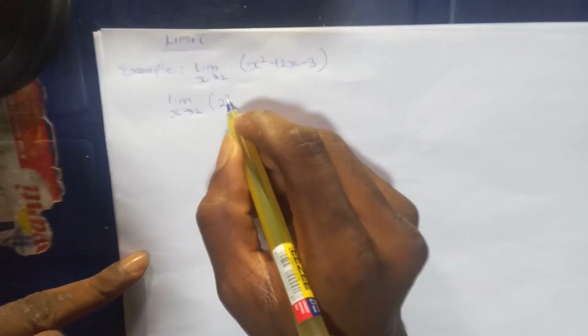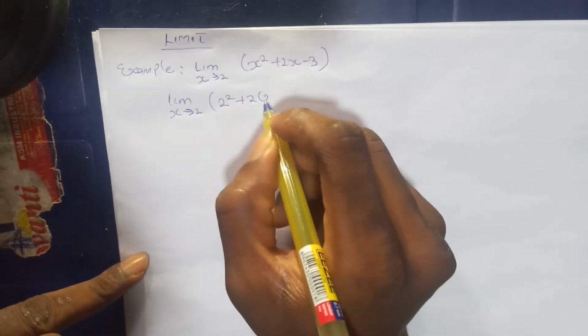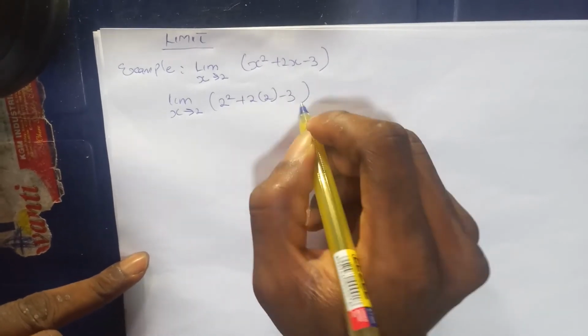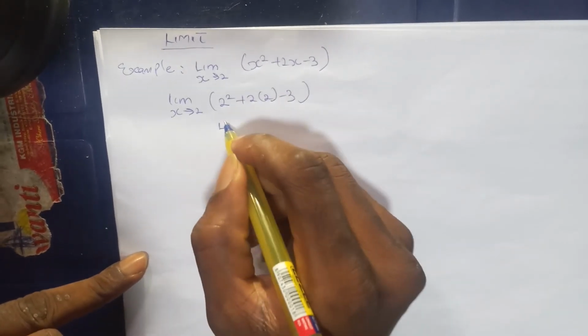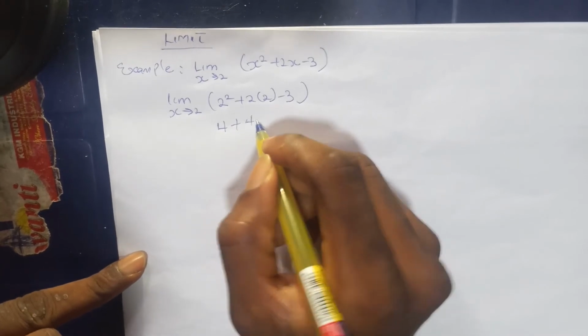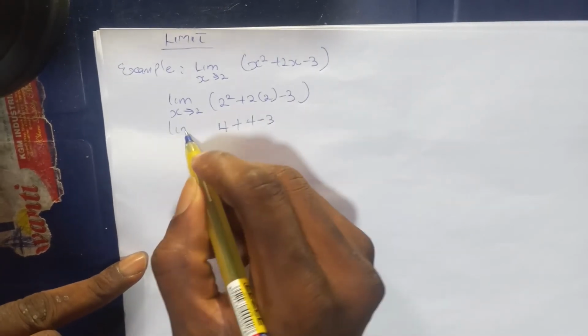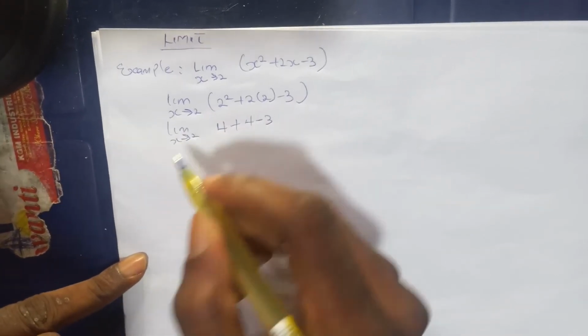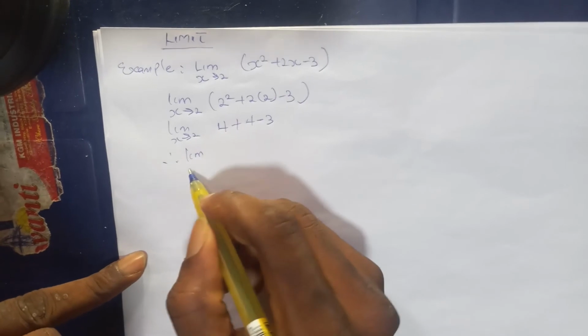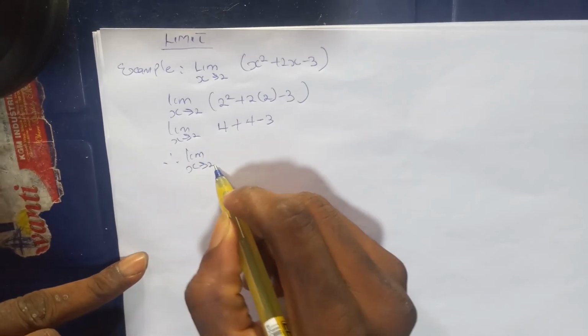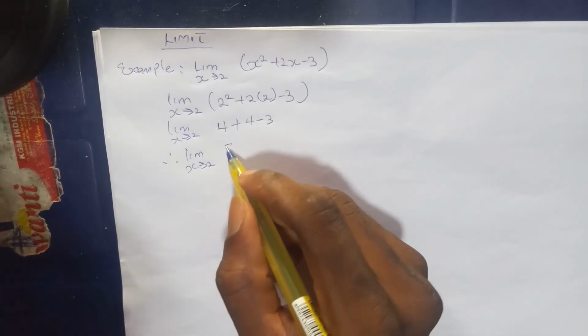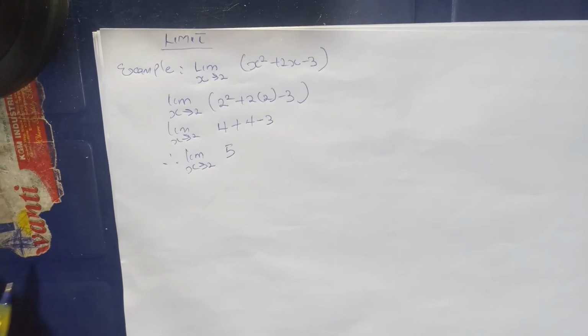I'm going to input 2. Now this will be 4 plus 4 minus 3. Therefore, lim x approaches 2 is 5. Now, that is the answer.